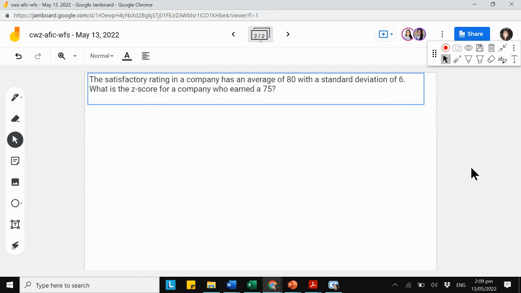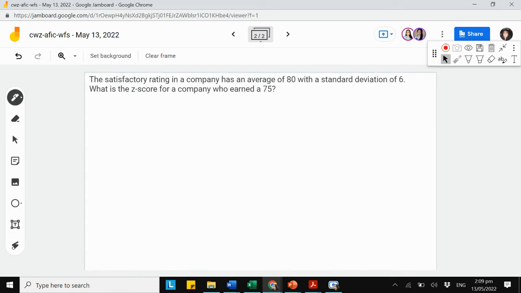For this one, a satisfactory rating of a company has an average of 80 with a standard deviation of 6. Now, what is the score of the company who earned 75? So here, our X is 75. Then average, this is our key term, is our mean. So mean is 80. Standard deviation is 6.